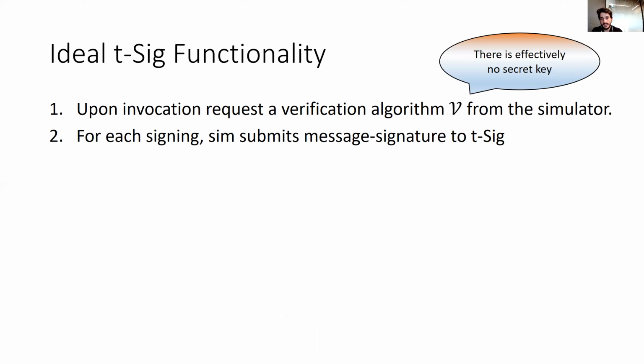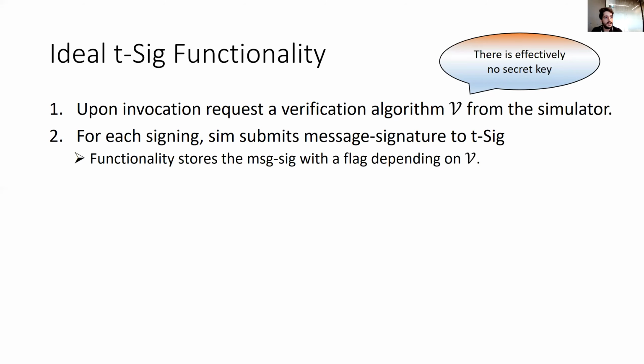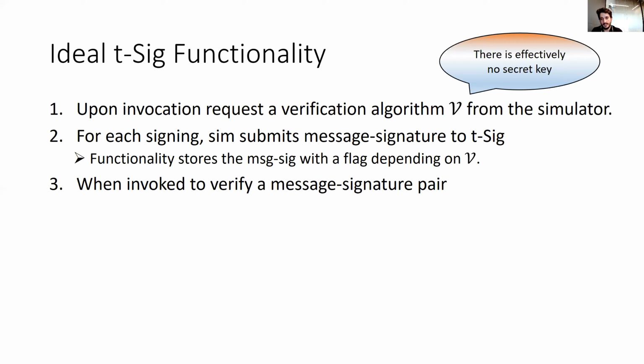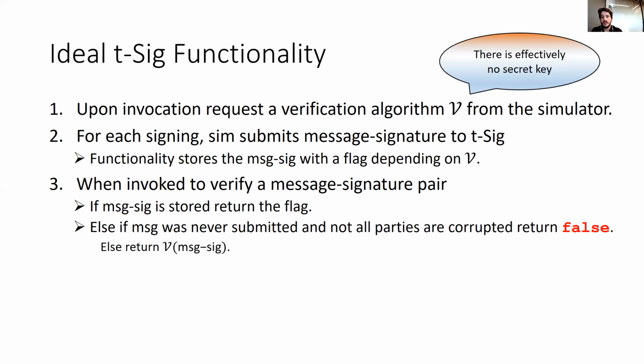Then, for each signing, the simulator submits a message signature pair, and the functionality stores that pair together with a flag, depending on whether the signature verifies. Finally, every time the functionality is invoked to verify a message signature pair, the functionality returns the flag if it has record of that pair, and if not, if the message was never submitted and not all parties in the protocol are corrupted, then the functionality returns false.